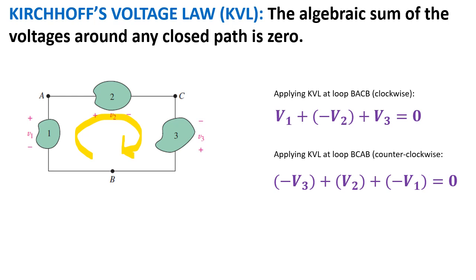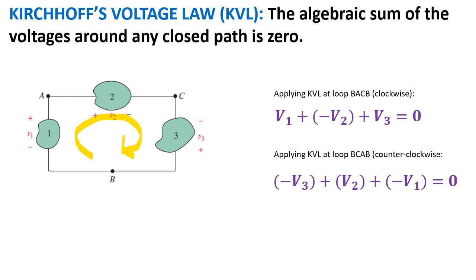First, we can go clockwise, say from A to C to B and back to A. Or we have a counterclockwise, which can be B to C to A and back to B. In any case, you will get the same result, which is equal to zero. The voltages along this closed path should be zero.